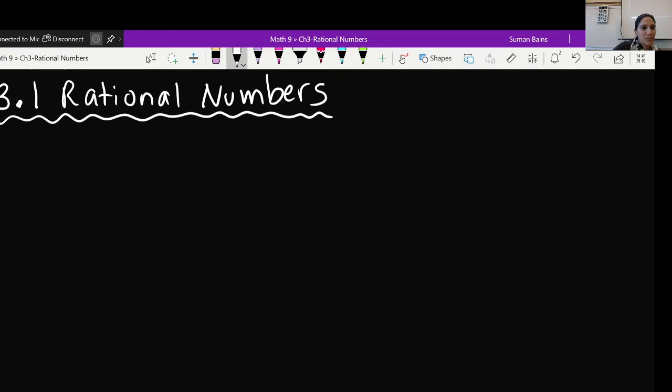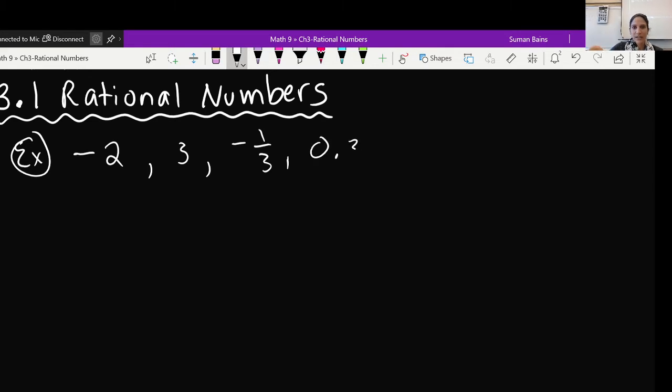Let's say I give you a bunch of numbers here, and I want you to place them on a number line. So we have -2, and I think for this part, maybe you don't really need me. I want you to see if you can do this on your own, and then we're going to go through it together anyhow. But I just want you to get a sense of how to compare these numbers that are all slightly different.